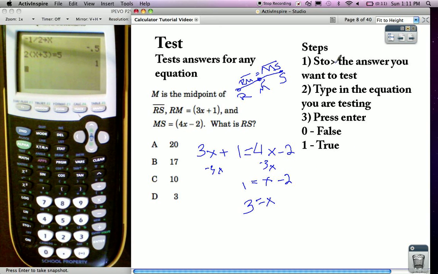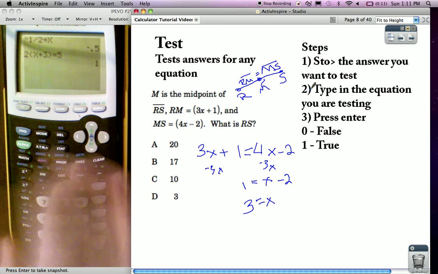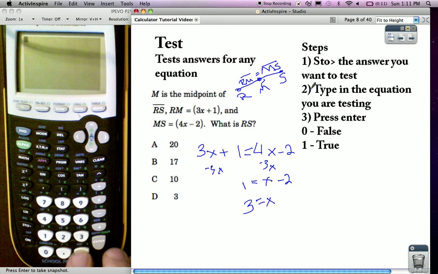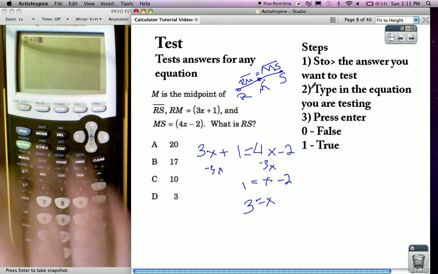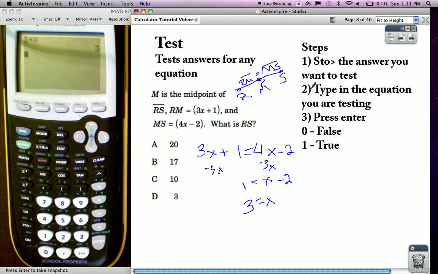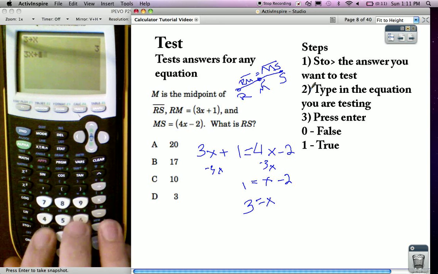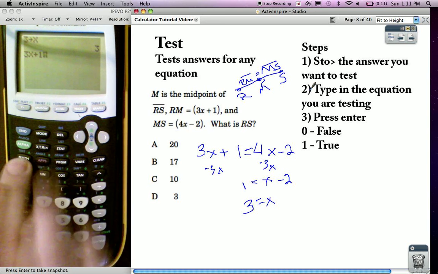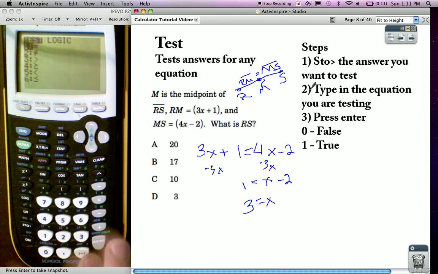I'm going to store the answer I want to test. The answer I'm testing is 3 stored as x. And then I'm going to type the entire equation in. 3x plus 1, second test, is equal to 4x minus 2.